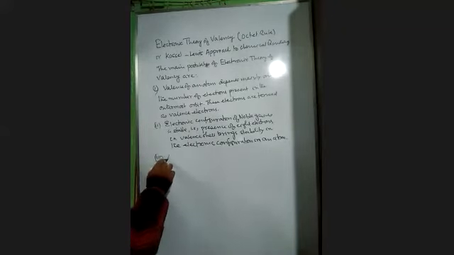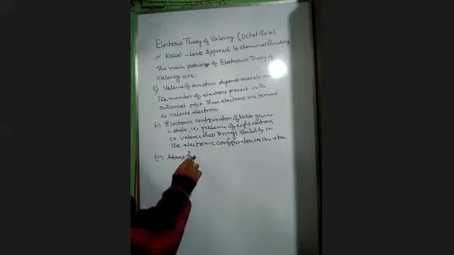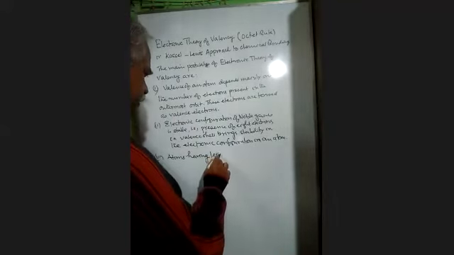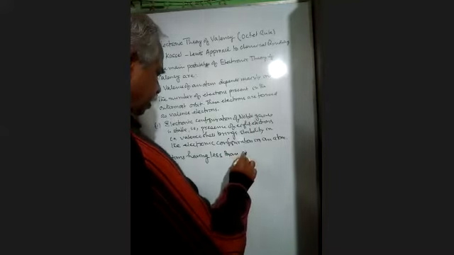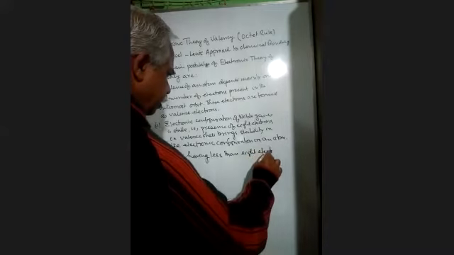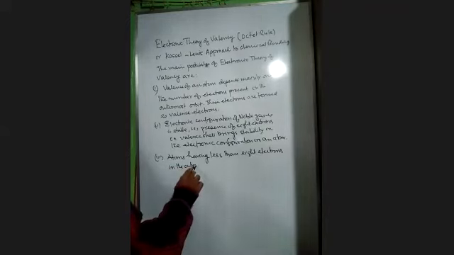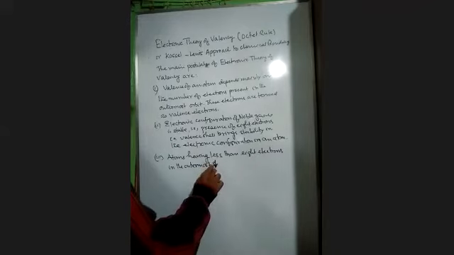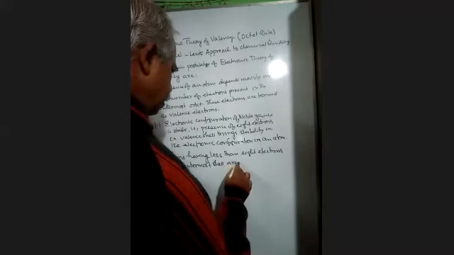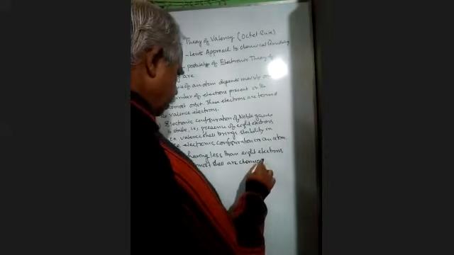Third, atoms having less than 8 electrons in the outermost shell are chemically active.